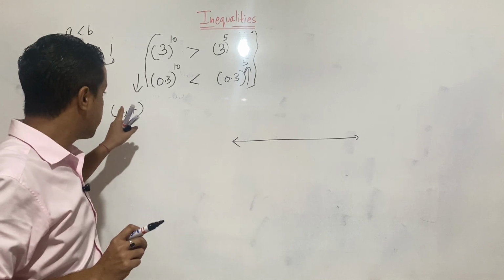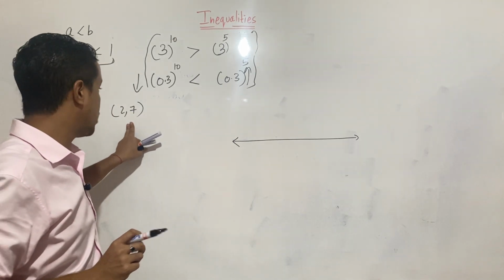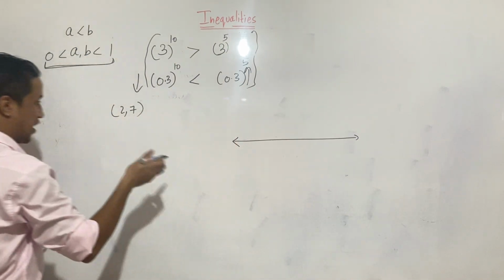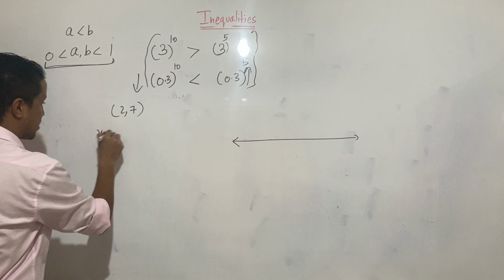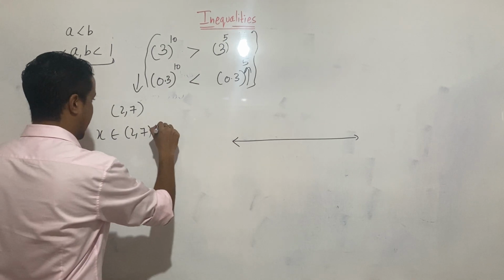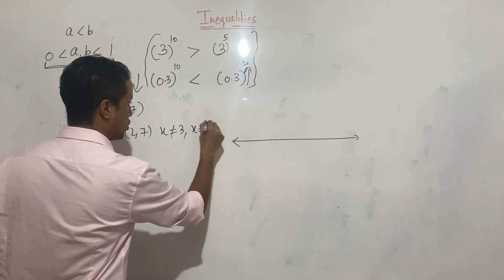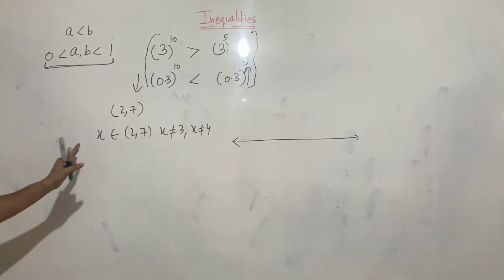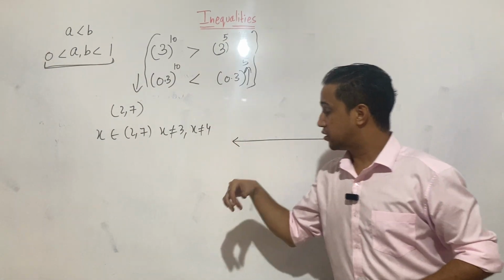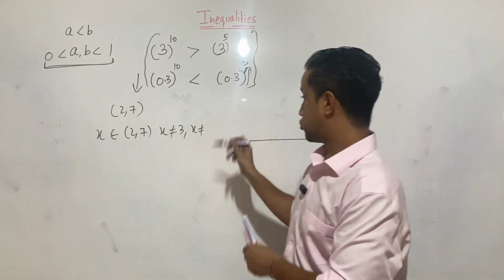X can lie in this interval, but it should not take the values 3 and 4. So what I'm trying to say here is that x belongs to 2 to 7, but x is not equal to 3 and x is not equal to 4, or x is not equal to 5.